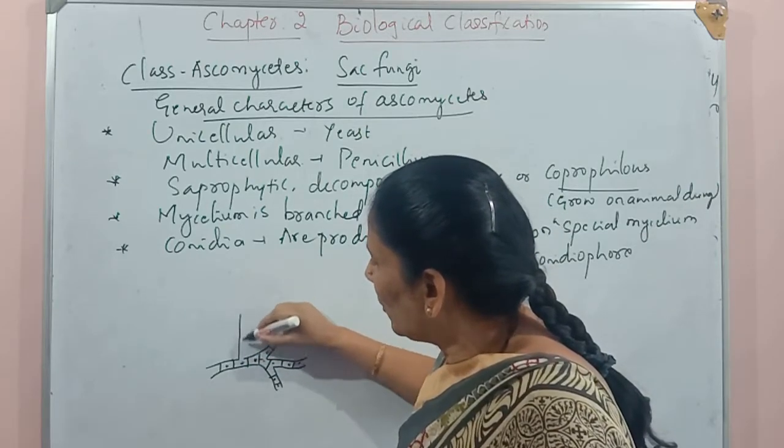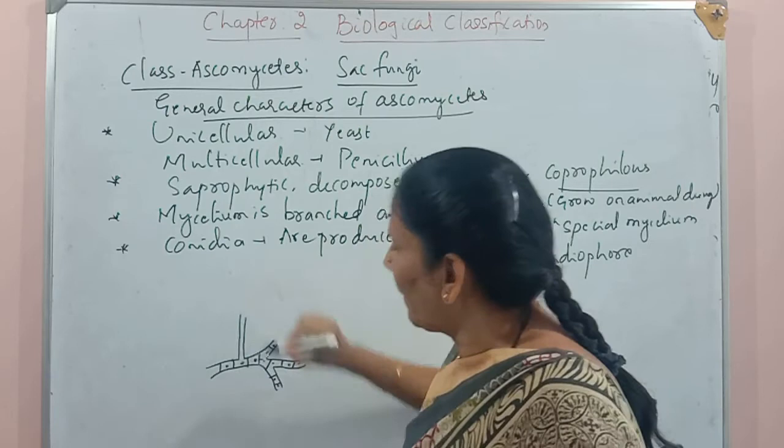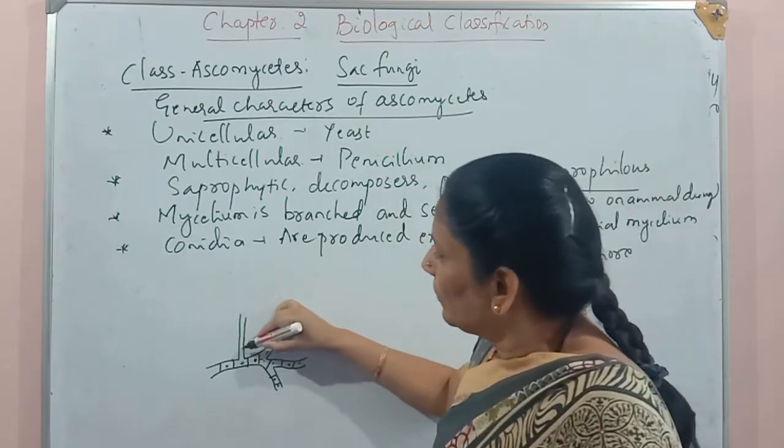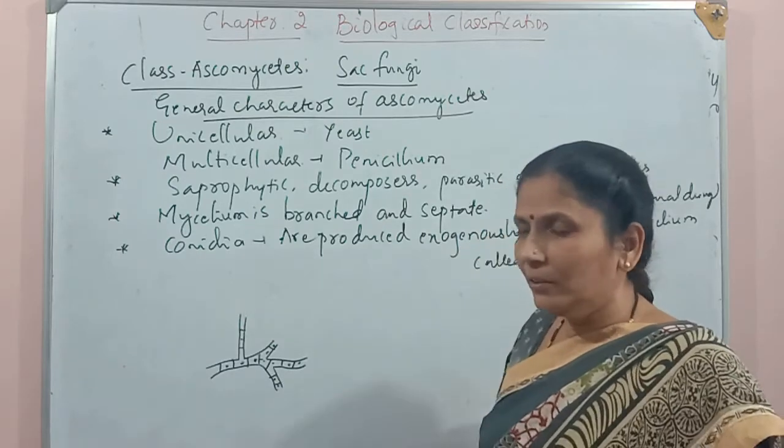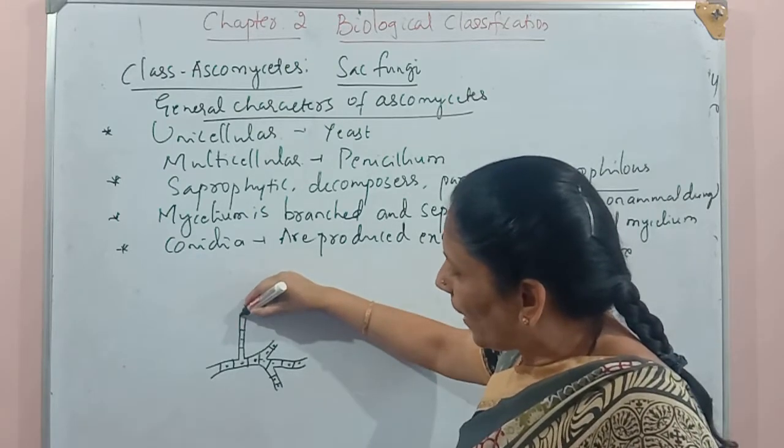There is a vertical growth of a mycelium which is also septate. It may be single or it may be branched.